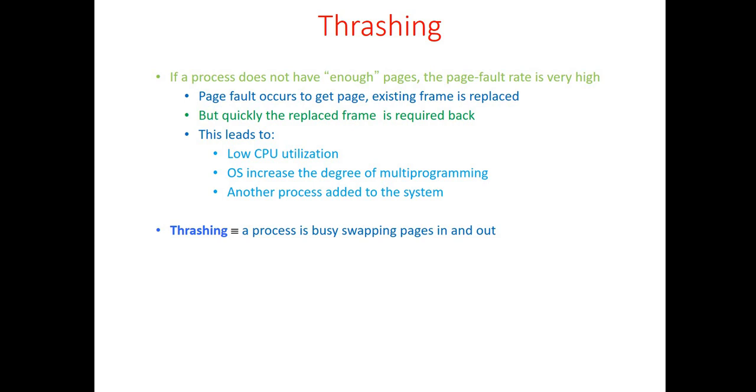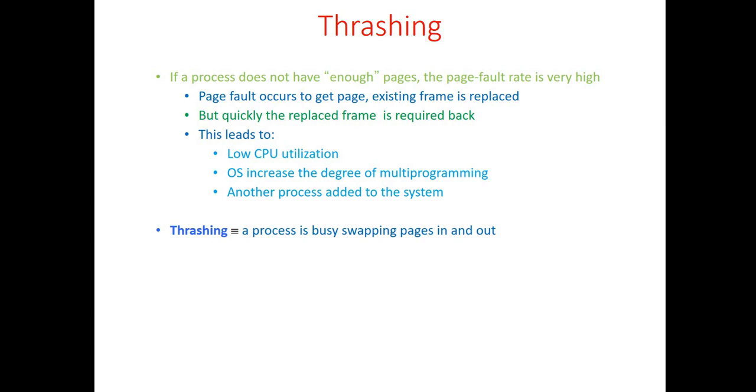Thrashing is a concept of a process being busy swapping pages in and out. If a process does not have enough pages, the page fault rate is very high. A page fault occurs to get a page, then an existing frame is replaced. But quickly the replaced frame is required back. This leads to low CPU utilization.